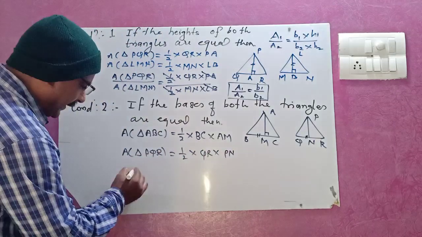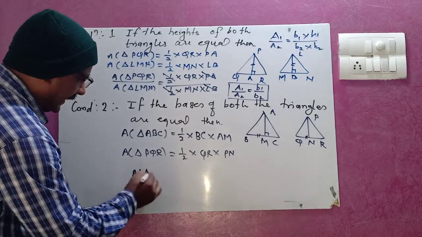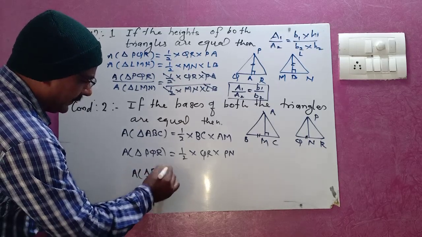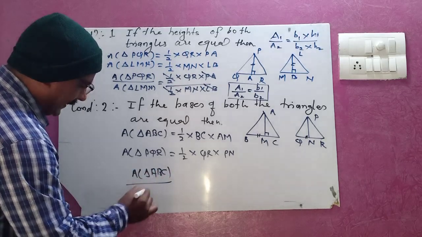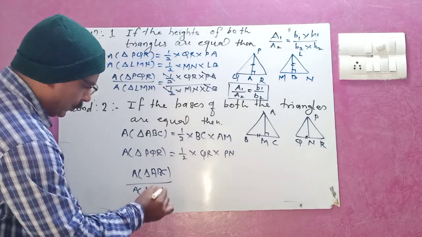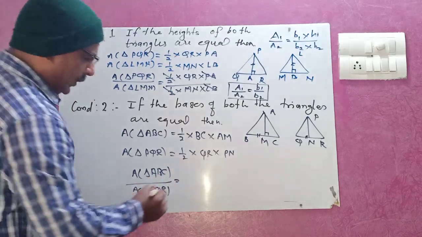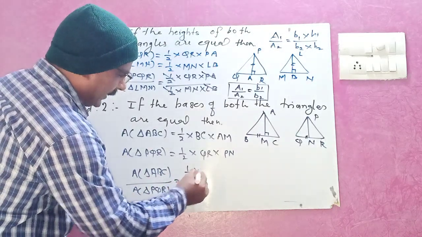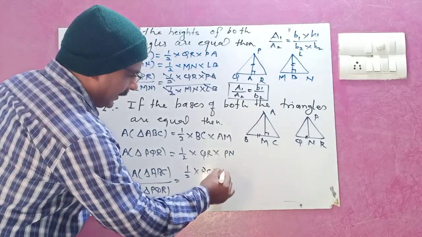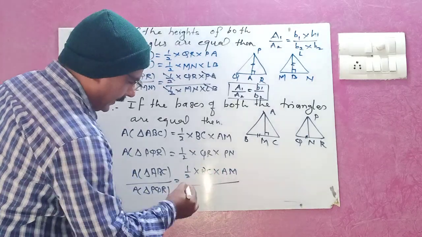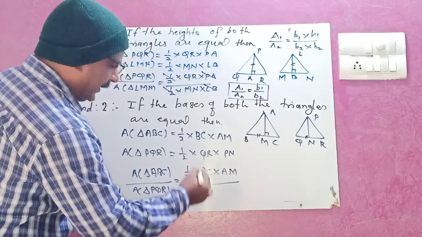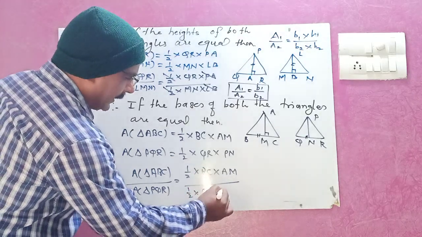Find the ratio of these two, children. Area of triangle ABC upon area of triangle PQR is equal to half into BC into AM upon half into QR into PN.